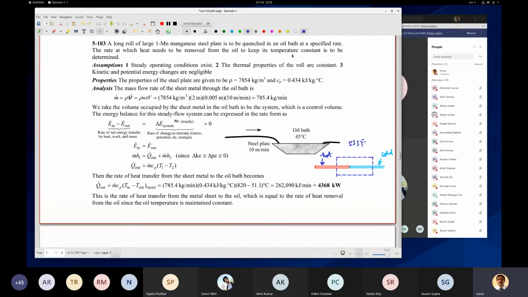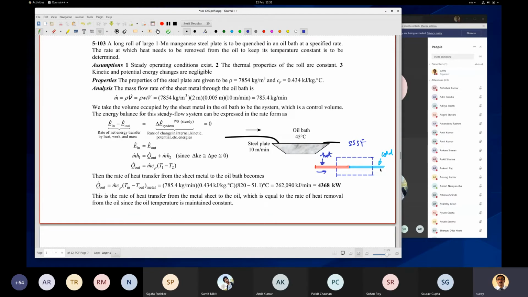So here the steel plate, hot, at 10 meters per second is going in and coming out. So at the inlet I know the enthalpy of the steel that is going in. I know the enthalpy of the steel when it is coming out, and I know the mass that is going in of the steel and the mass that is coming out.